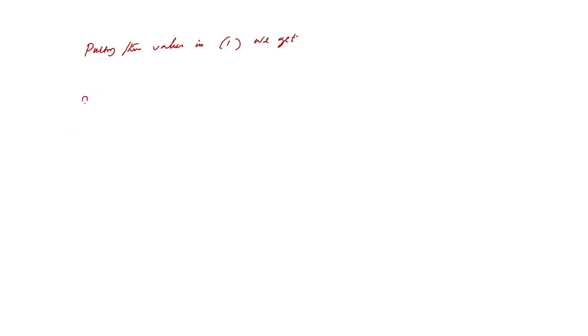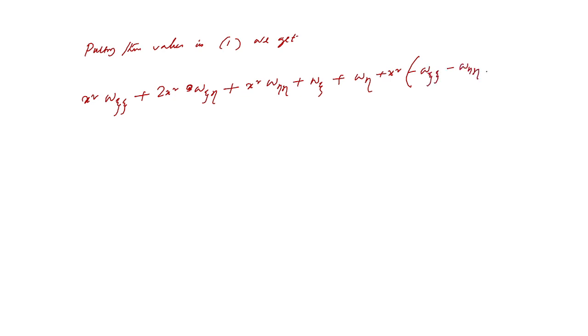We get x² ω_ξξ plus 2x² ω_ξη plus x² ω_ηη plus ω_ξ plus ω_η plus x² ω_ξξ minus ω_ηη plus 2ω_ξη, and the whole thing equals 0.